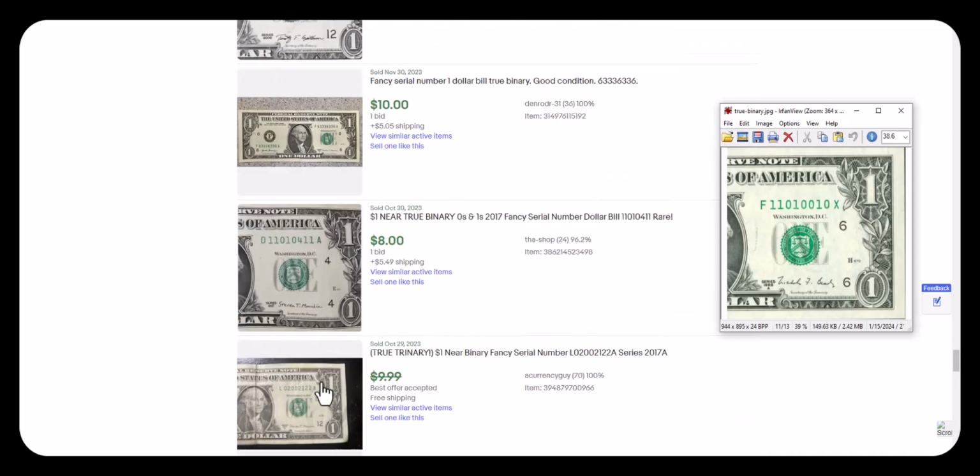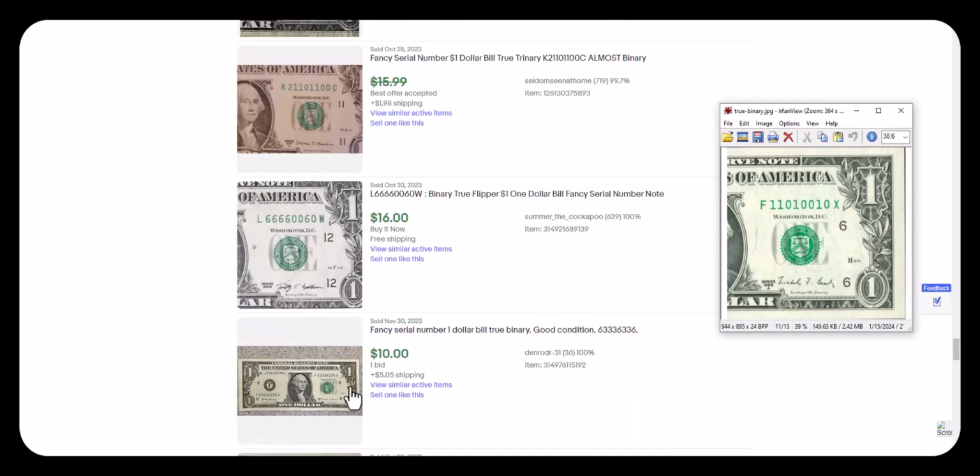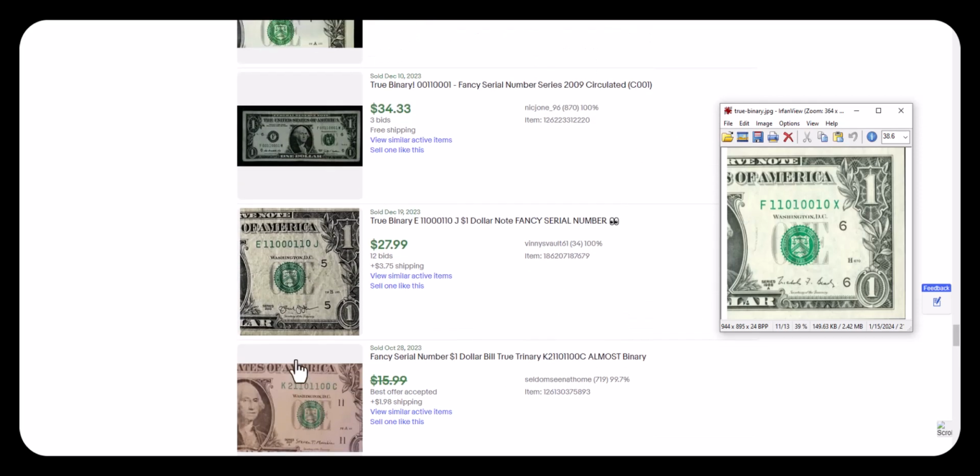So the lowest price, can't remember exactly what it was. Okay, so this is $30 for a bill not in the best condition, and then upwards of $100. So the range was $30 to maybe $110, $120. This one I'd say would go in at least in the $80 or $90 range. It's a nice bill.